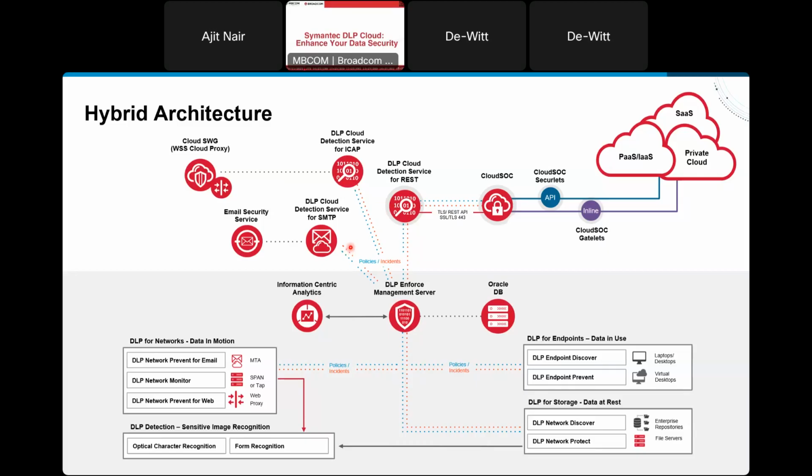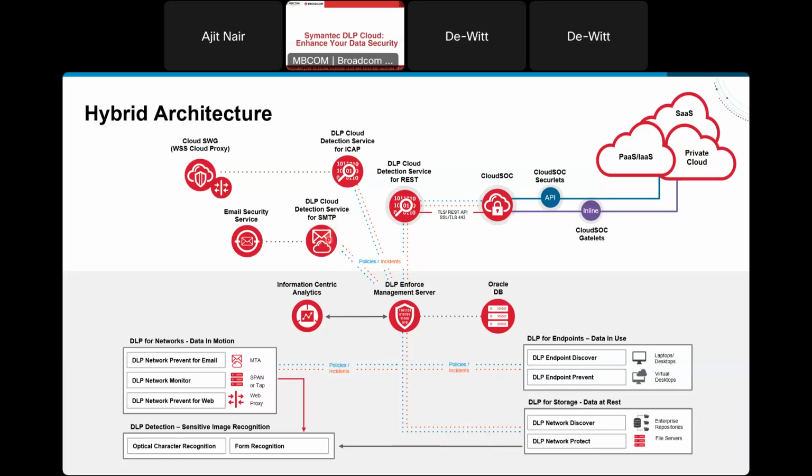And I think lately we also introduced a reflect mode for Gmail as well. So you configure a connector basically, and in that connector you add those domains, right? And once you configure that connector, those emails are getting sent to our cloud detection service for SMTP.